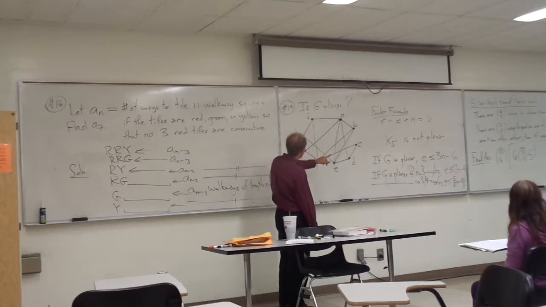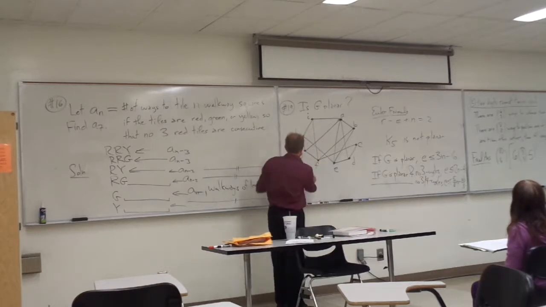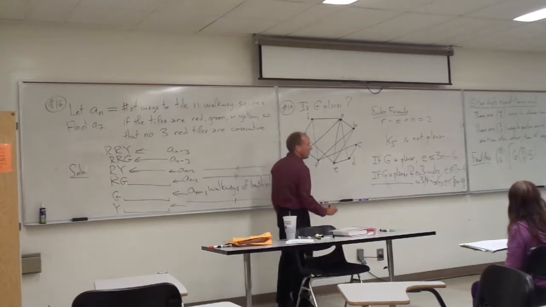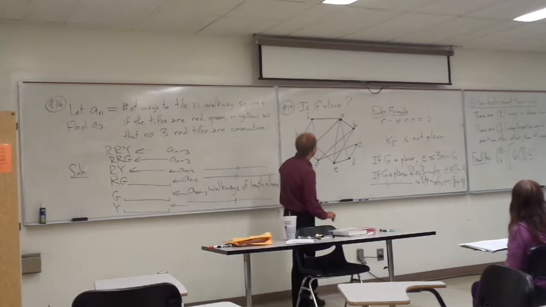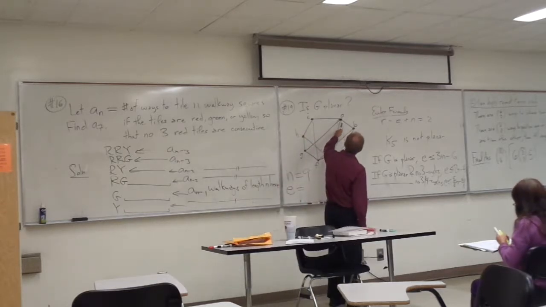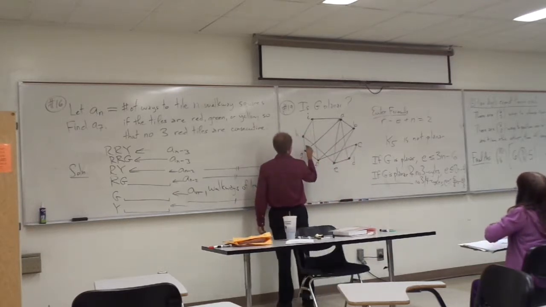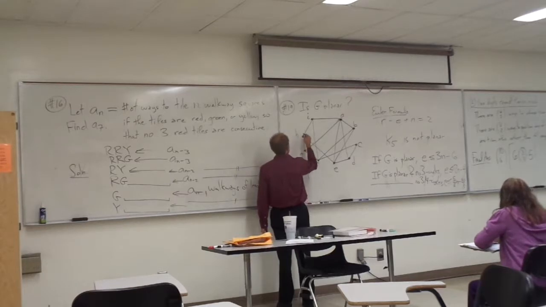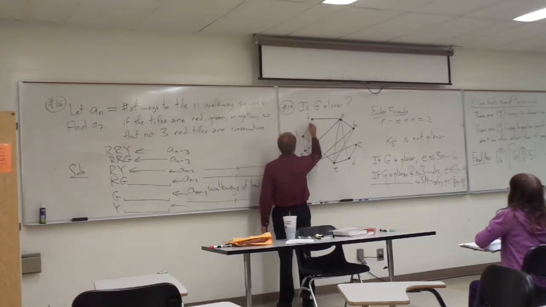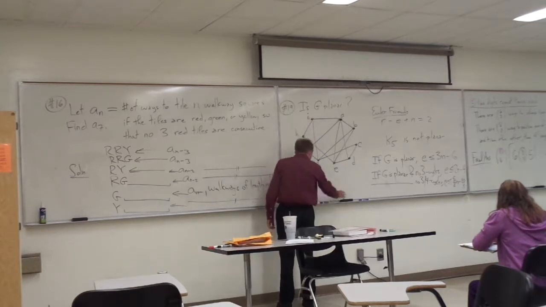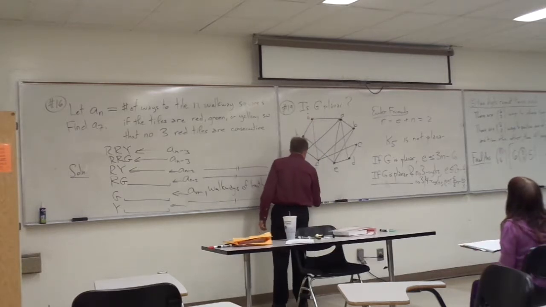Let's see, 1, 2, 3, 4, 5, 6, 7, 8. I think N is 9. And to figure out the number of edges, we add up the degrees and divide by 2. So let's see. 5 plus 3, that's 8, plus 2 is 10, plus 3 is 13, plus 4 is 17, plus 4 is 21, plus 3 is 24, plus 3 is 27, plus 3 is 30, divided by 2 is 15.